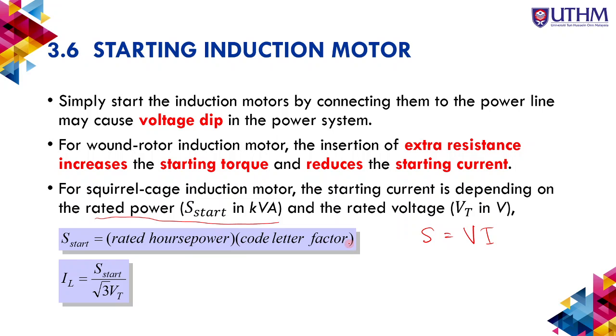Since this is S, we can look at S and then find the value of I. At this point, I is the line current, at the start.